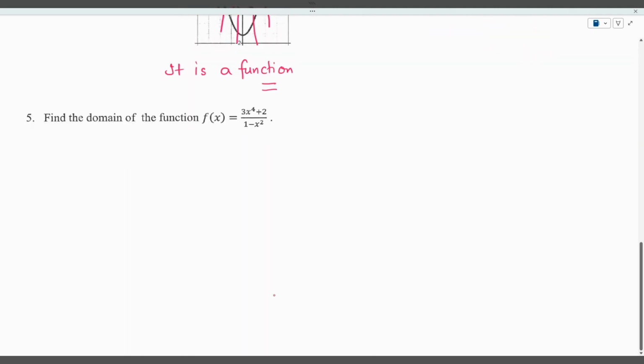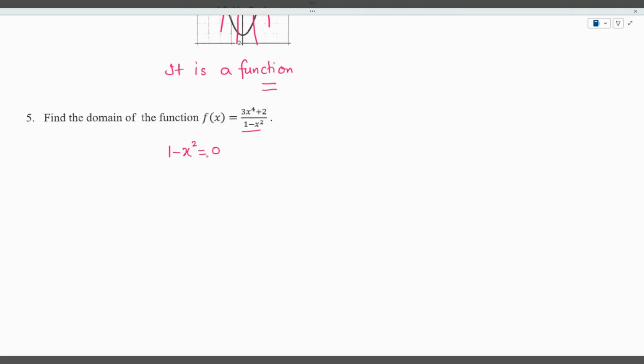Find the domain of the function f(x). As you know, whenever there is a denominator in a function, we want to include only values of the input that do not force the denominator to be 0. So to find the domain, we equate the denominator to 0: 1 minus x squared is equal to 0.